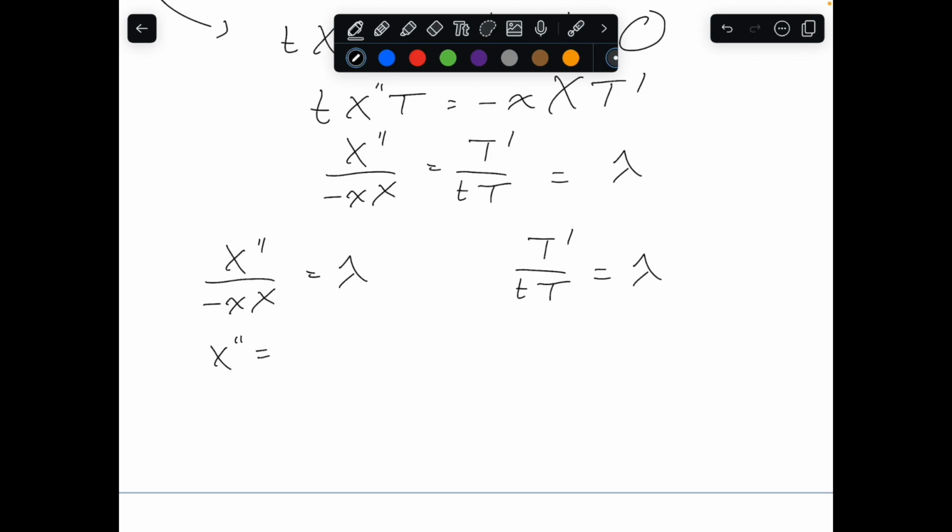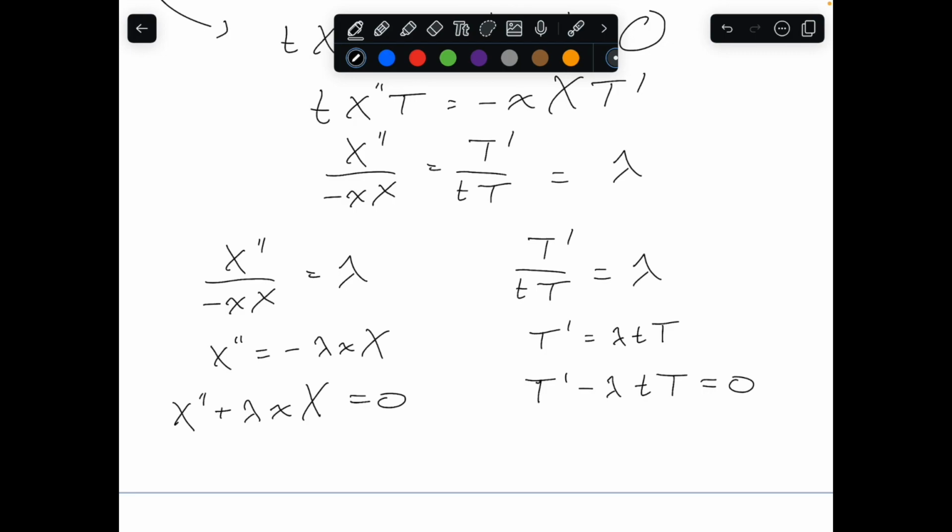And then we'll simplify, we'll multiply through, and then we get negative lambda little x capital X, and then add that to the left side, and then boom, we've got our ODE. And then do that over here as well. T prime equals lambda little t capital T, and then subtract that over, equals 0, and then boom, you're done.